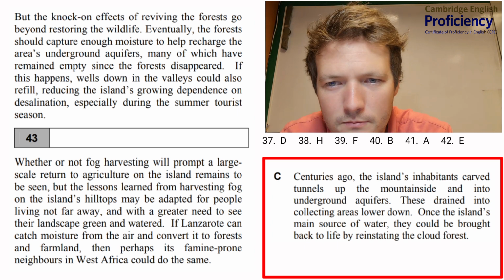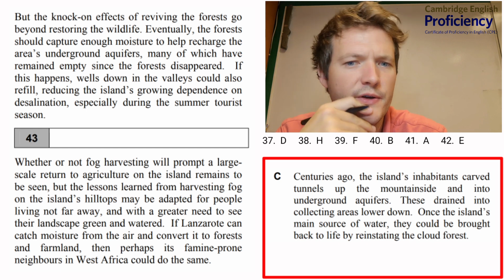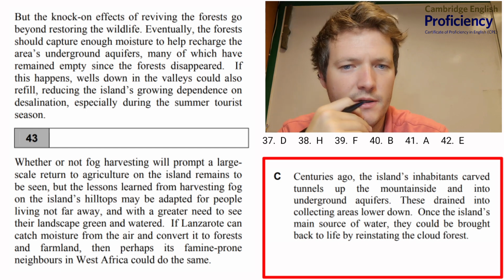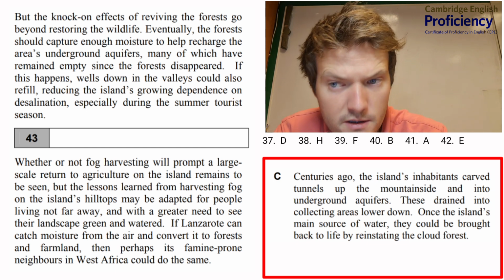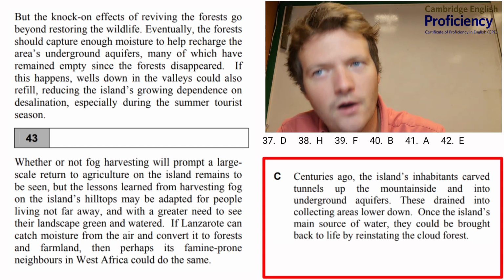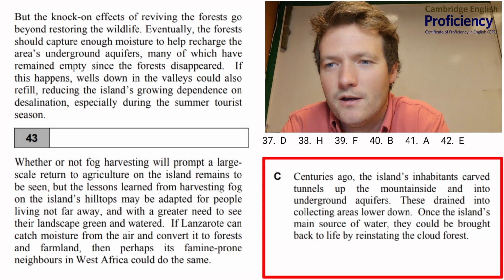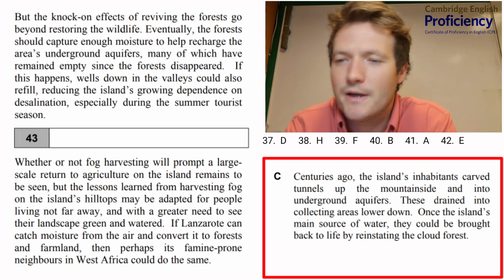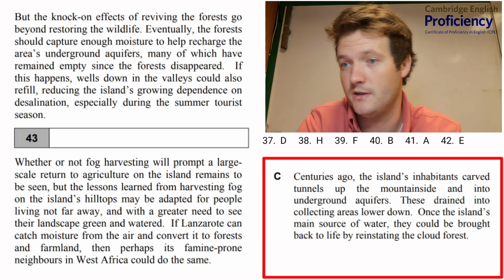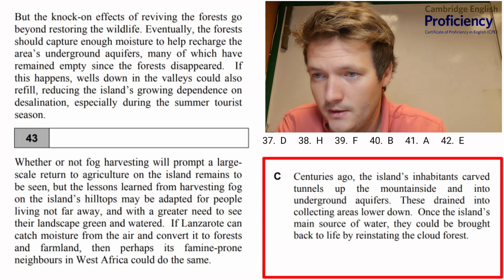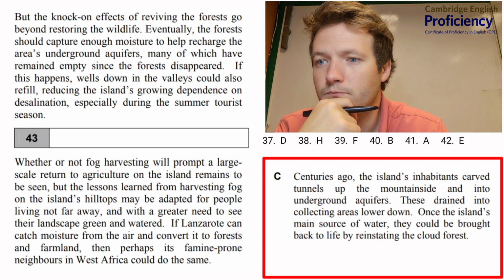So we're talking about the wells. Wells down in the valleys could also refill, reducing the island's growing dependence on desalination, especially in the summer tourist season. C, centuries ago, seems like an odd time in the article to be going back centuries, but centuries ago the island's inhabitants carved tunnels up the mountainside and into the underground aquifers. These drained into collecting areas lower down.